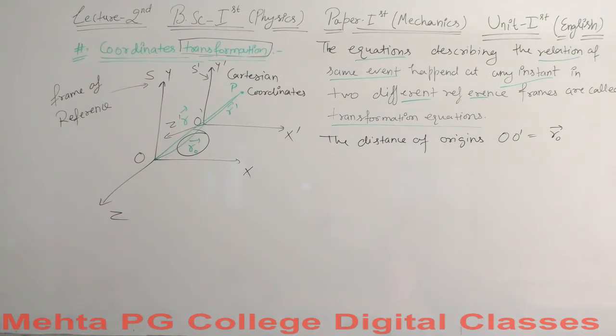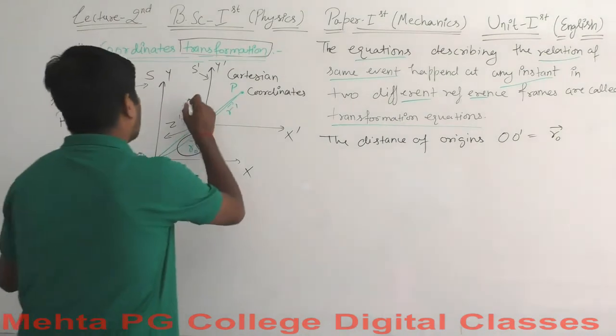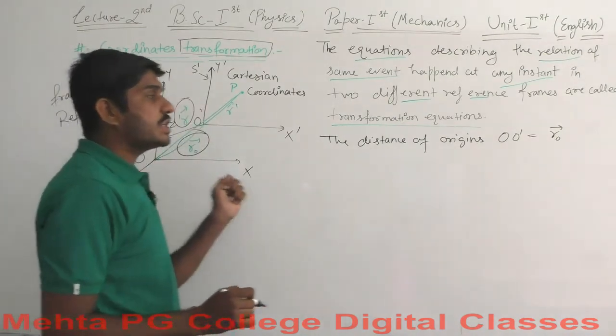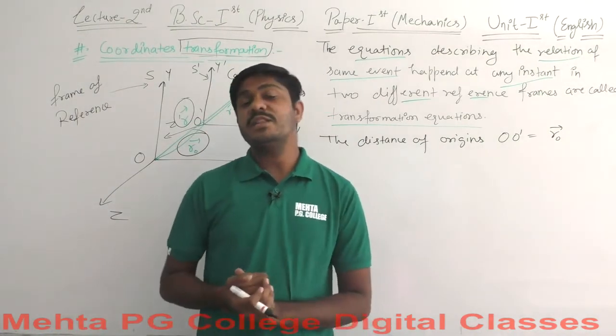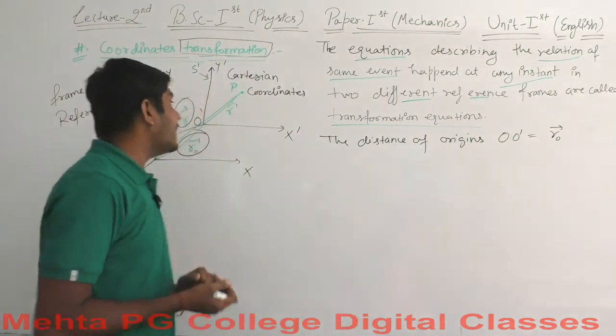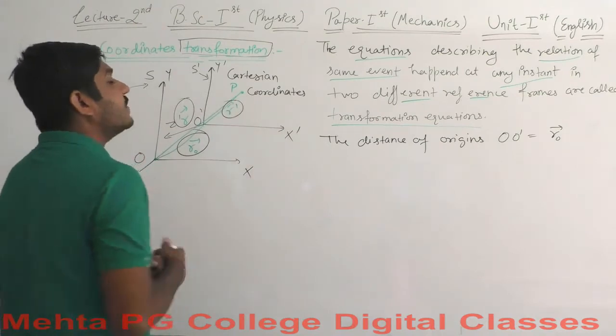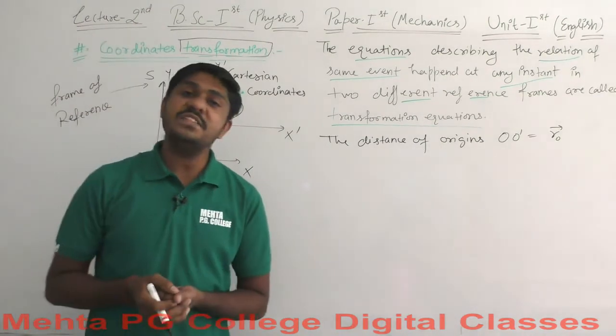For the point P also, R vector represents the position vector for the point P in the frame S, and R dash represents the position vector for the point P in the frame S dash.